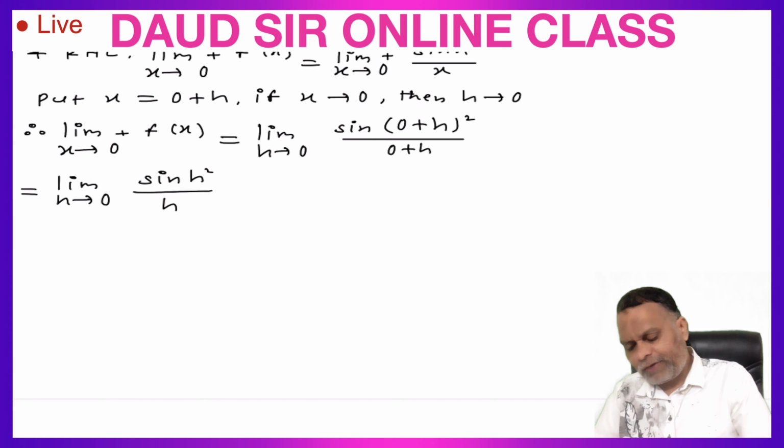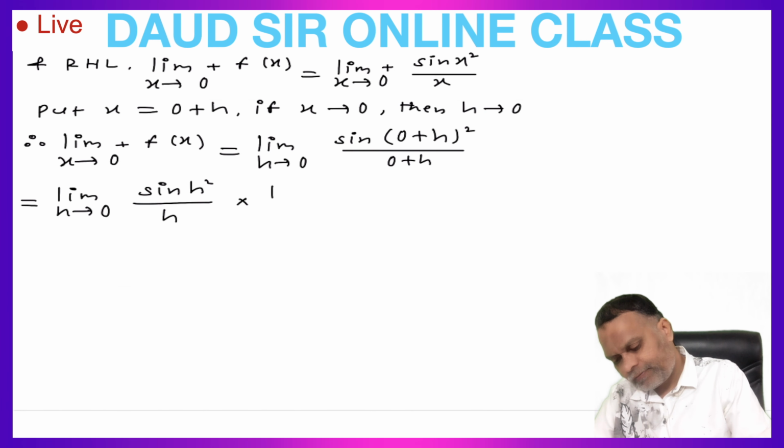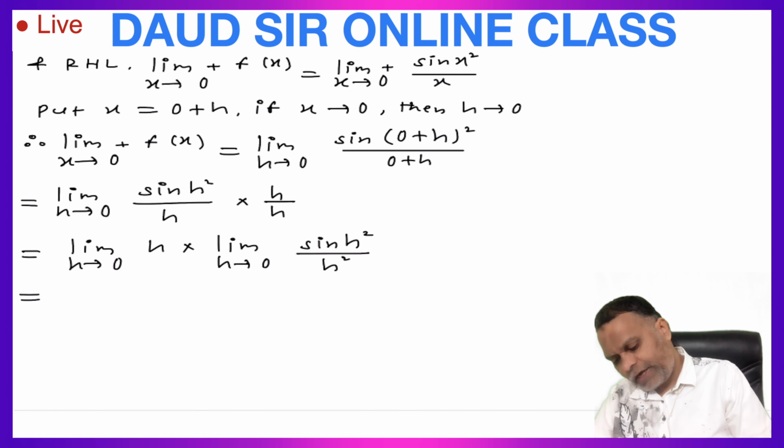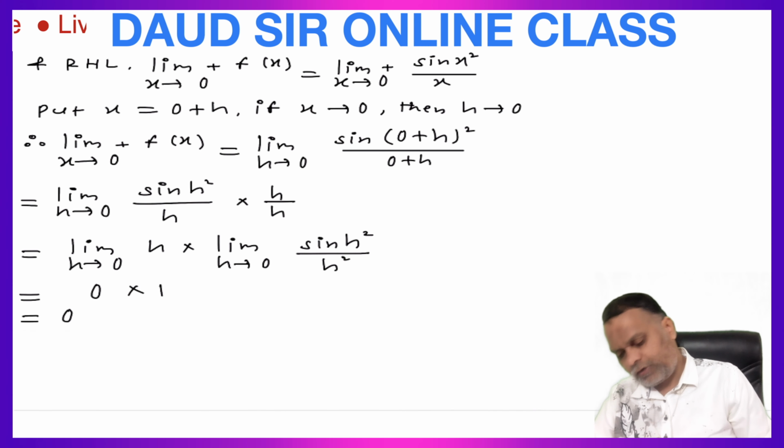For making the limit, multiplying and dividing by h. So this is limit h tends to 0 h into limit h tends to 0 sin h square upon h square, which is equal to, put h is equal to 0, into this is 1. 0 into 1, 0.